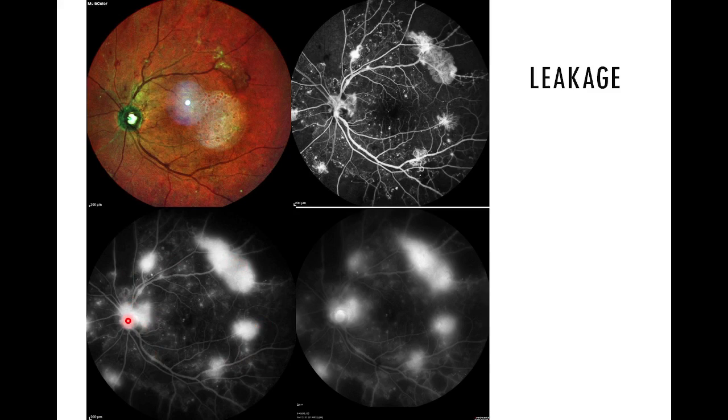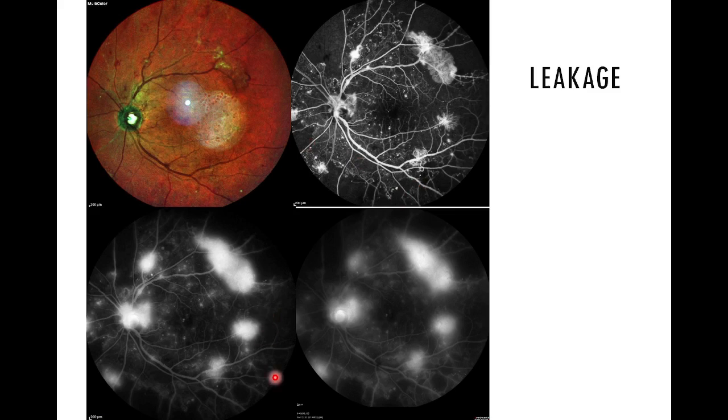That is the hyperfluorescence noted in the disc, along the arcades, nasal to the disc, which increases in intensity as a fuzzy or cotton ball hyperfluorescence.